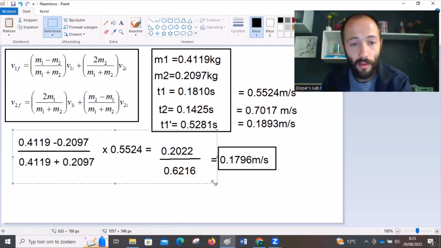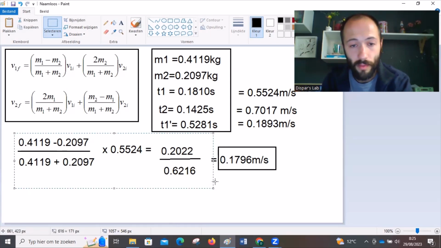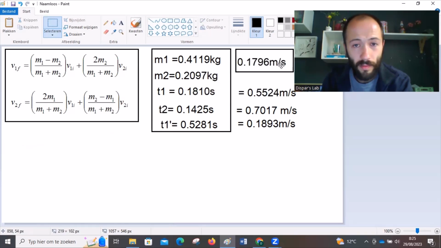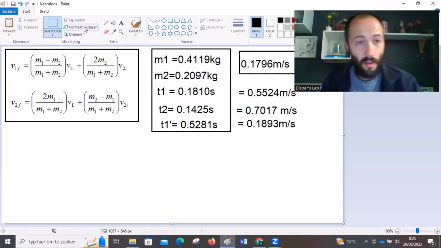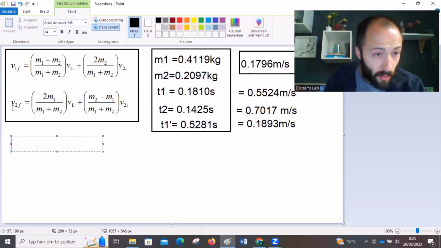So hold on. Now we have to calculate T2, just the second velocity.